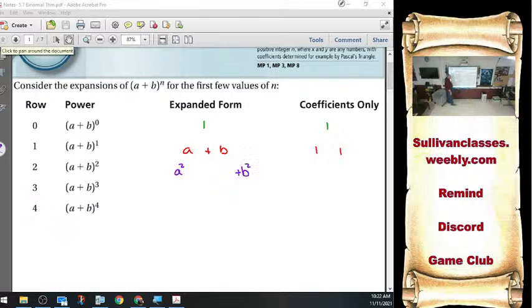Right there is freshman math. And then you have to remember that I'm going to have A times B and B times A. So in the middle, I will have double their product. That was a question. And then coefficients: 1, 2, 1.